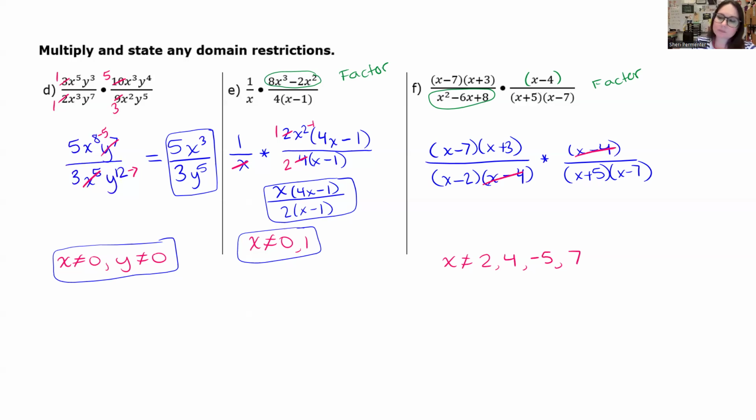Anything else? Anything else? No. So we rewrite what we have left. So we're left in the numerator only with x plus 3. In the denominator, we are left with x minus 2 and x plus 5.